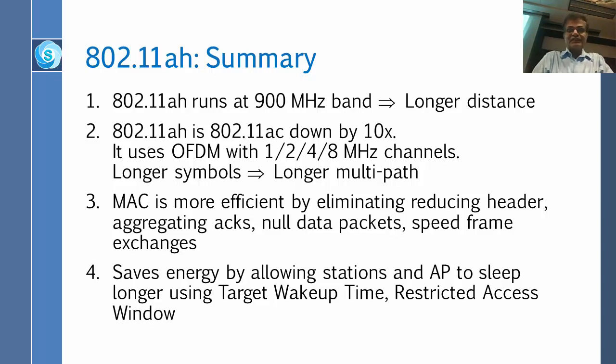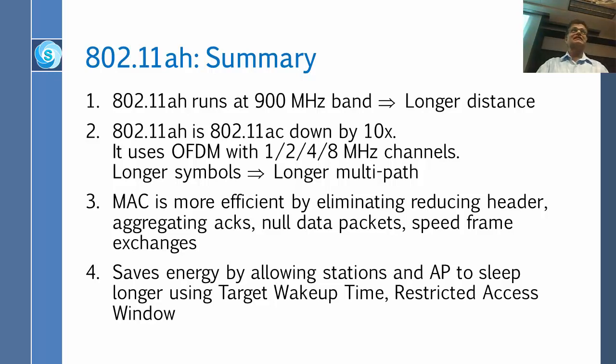The MAC is more efficient by eliminating or reducing the header. The header was 12 to 26 bytes shorter. Aggregating ACKs: you didn't have to ACK every packet. Null data packet. Everybody remembers null data packet? What does that mean? 0 byte MAC layer. Everything is PHY. Okay.